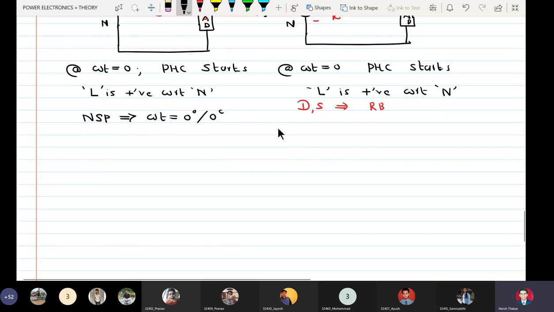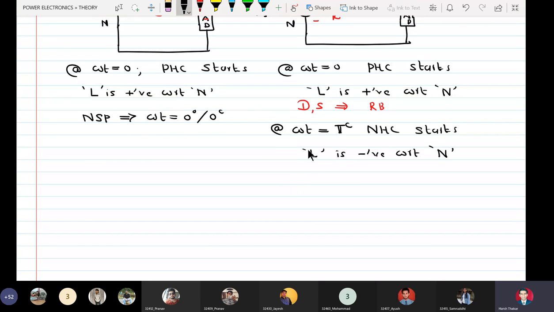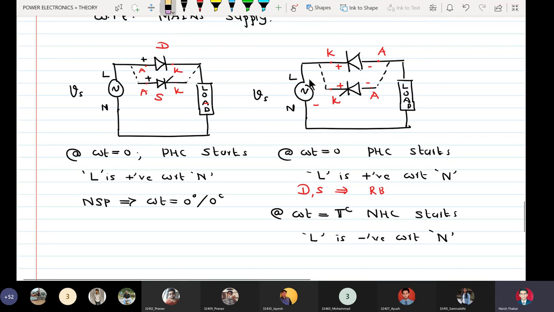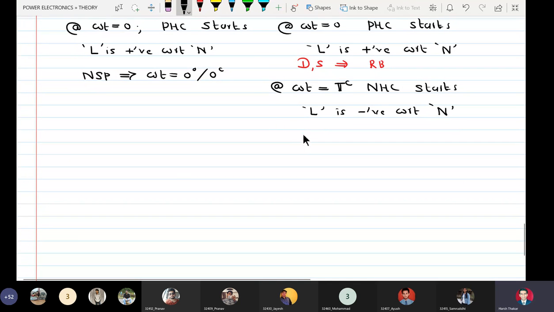But conversely, at omega t equal to pi radians, the negative half cycle starts. L is negative with respect to N. So what happens is that the negative half cycle has started, cathodes get negative, anode gets positive, so devices become forward biased.